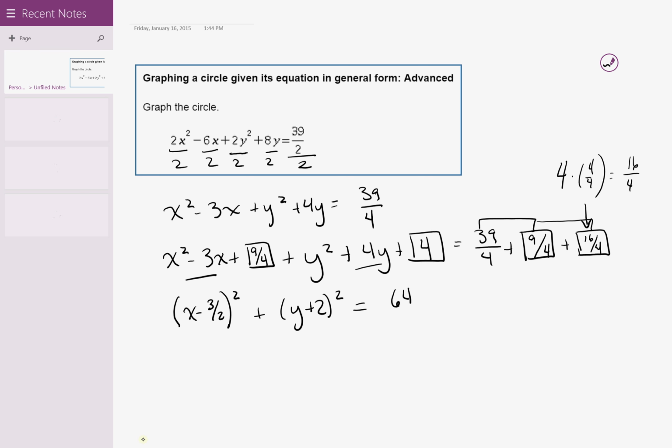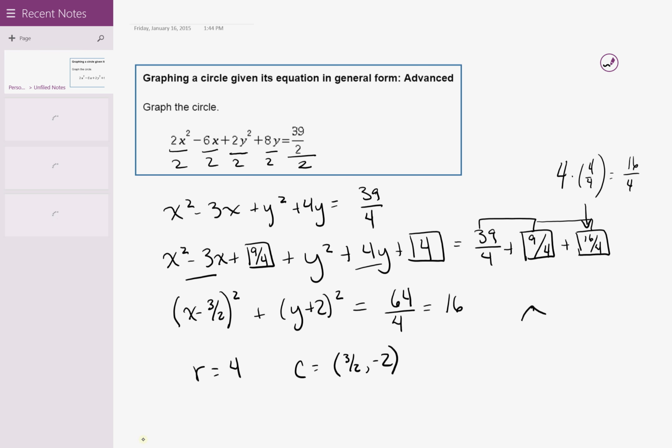So that is 64 over 4. Oh, I didn't even need it. 64 over 4 is 16. So I now have a circle with radius 4 and a center of 3 halves, negative 2.